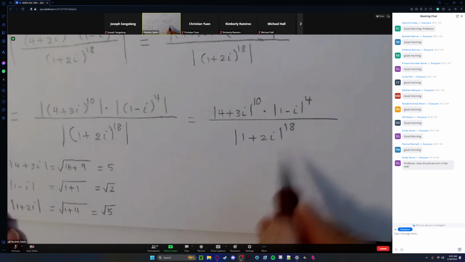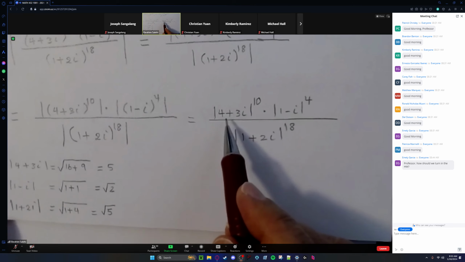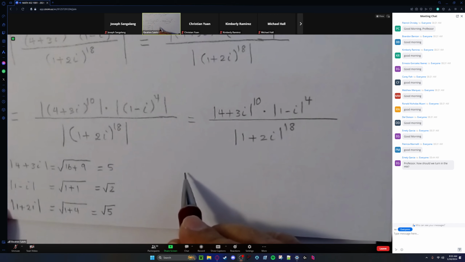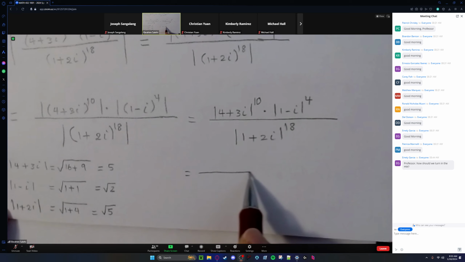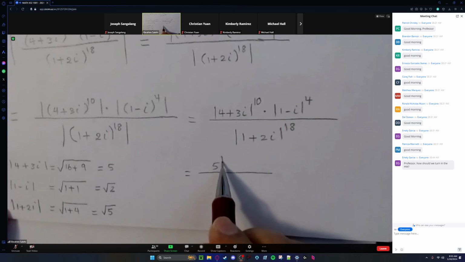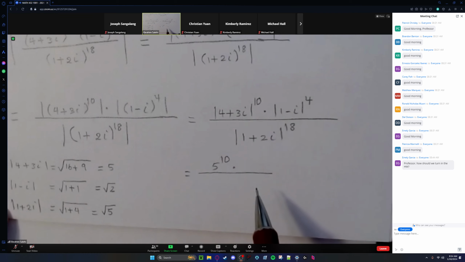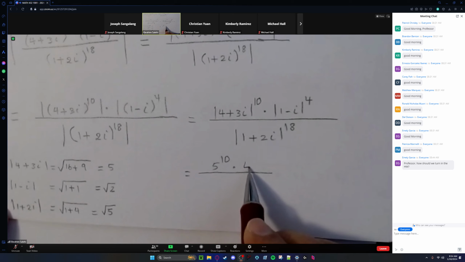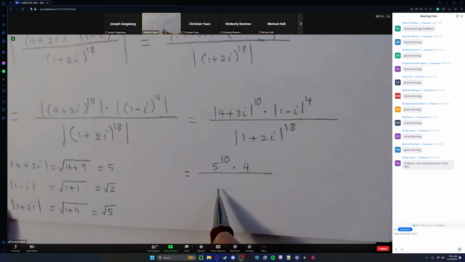Now, putting these in here, the answer becomes 5 to the 10 times the square root of 2 to the 4, which will give us 4, divided by the square root of 5 to the 18.